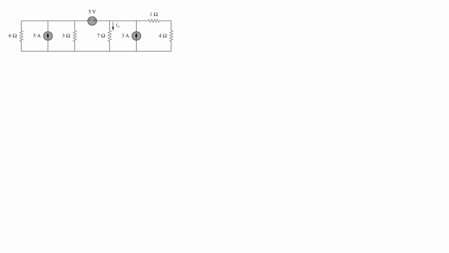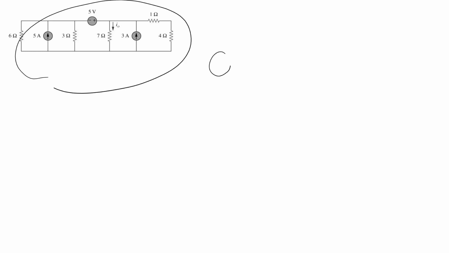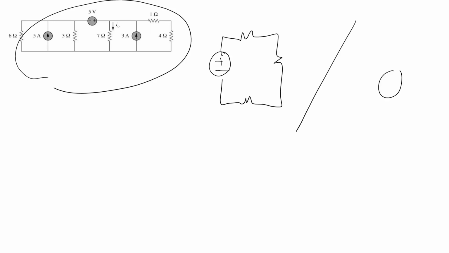If you remember the previous slide, I mentioned that at the back of your head, I want you to imagine that you will reduce the circuit. You transform the circuit until this whole circuit becomes a circuit where you can do voltage divider or current divider analysis.